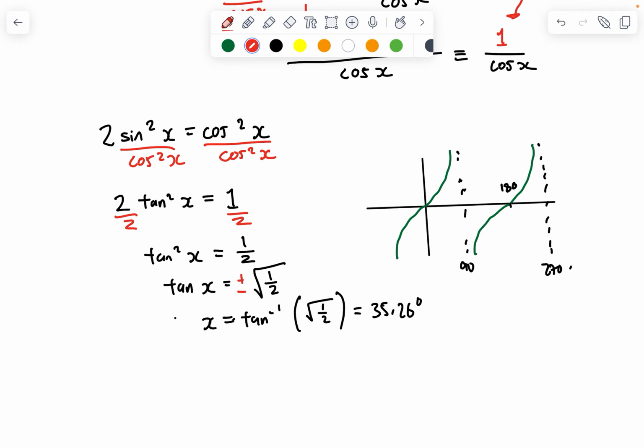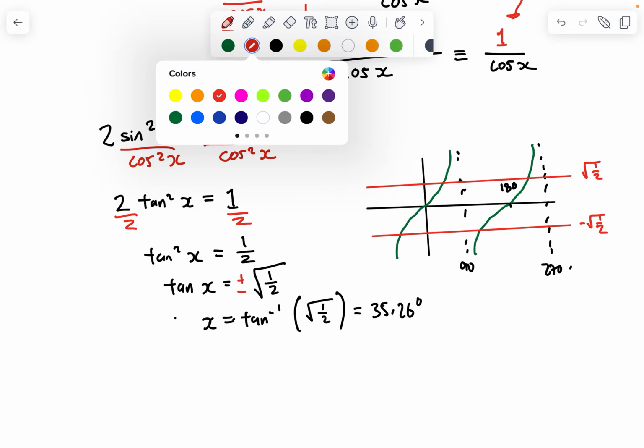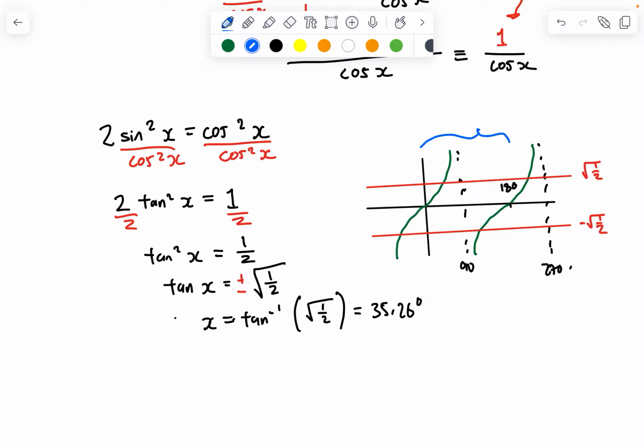So now if you think about the square root of a half, I've got a positive solution, and at negative square root of a half I have got a solution. Now I only want them between 0 and 180. So 0 being here and 180 being here. So that means that I've got one solution here and I've got one solution here. So I've got my 35.26.